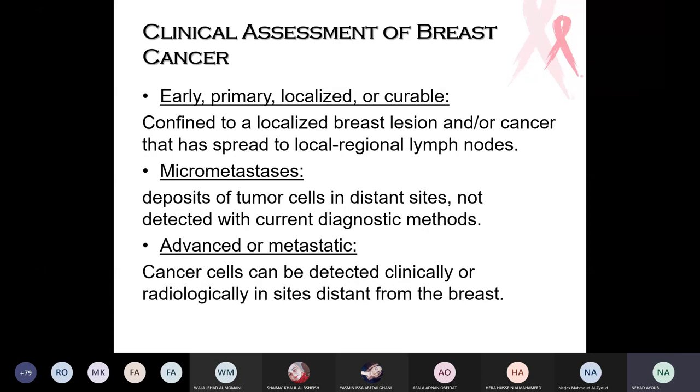When we talk about breast cancer metastasis, for each type of cancer there are target organs that we know are commonly involved in metastasis. So in breast cancer, we usually find metastatic disease, if any, in the liver, the lung, the bone, and the brain.